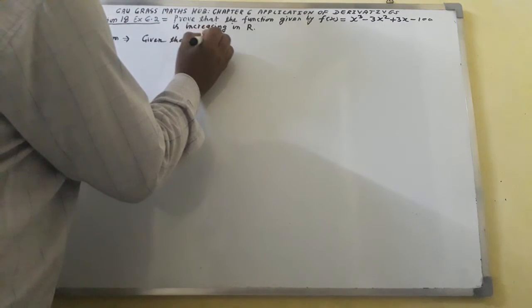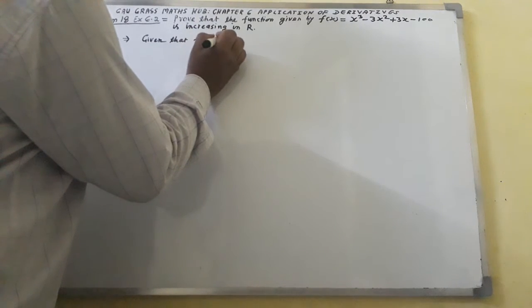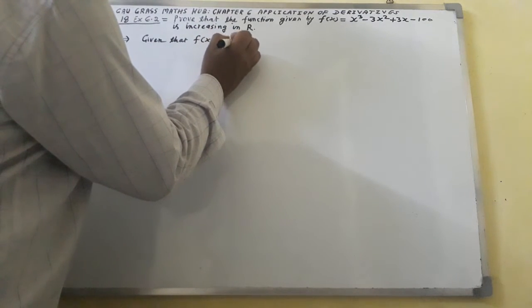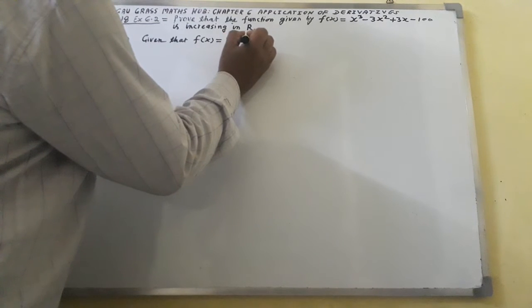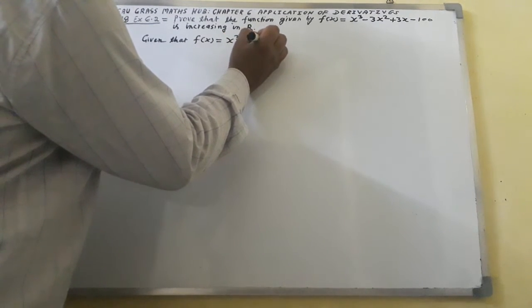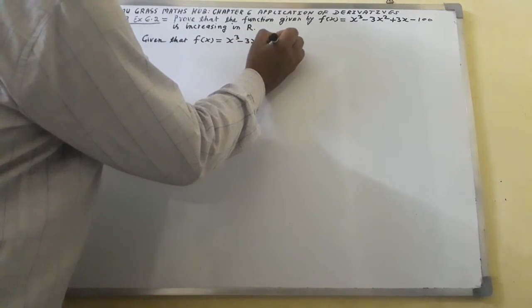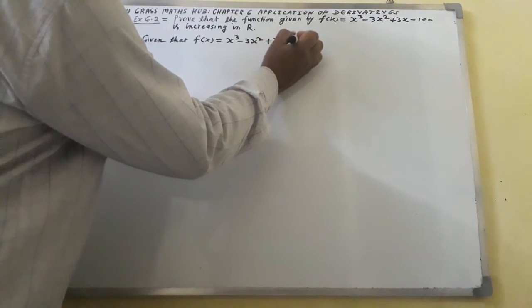Here I shall write, given that f of x equal to x cube minus 3x square plus 3x minus 100.